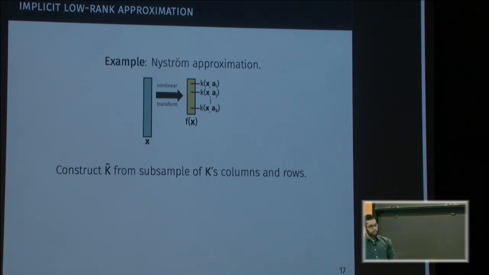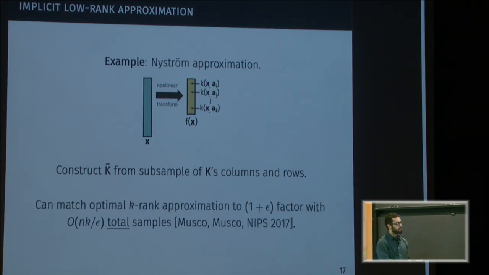Here the error will be in Frobenius now, right? Yeah, it depends. We have a recent paper that gets pretty strong results. You can measure it in a number of different ways. Essentially, if you want to match the error of the best rank-k approximation in Frobenius norm, we now know how to run these sampling methods where we take in total nk over epsilon samples.